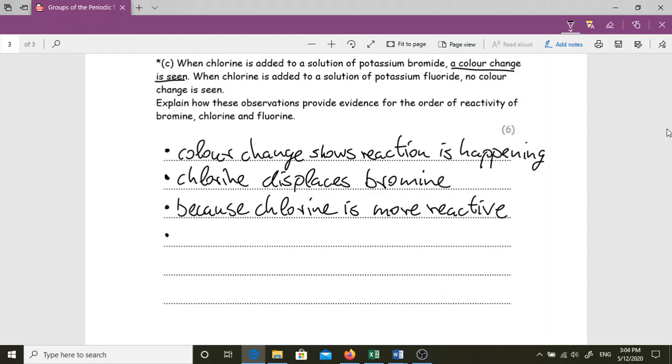Then we look at the second sentence where it says when chlorine is added to a solution of potassium fluoride, no color change is seen. So here the big difference, no color change. Okay, and color change shows that there's a reaction, so no color change means there's no reaction, so no color change shows there's no reaction.